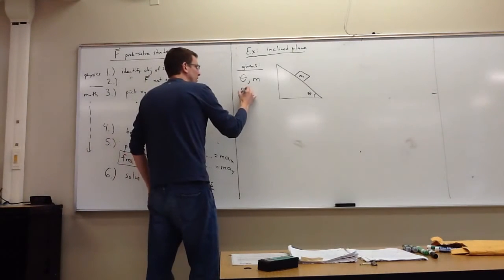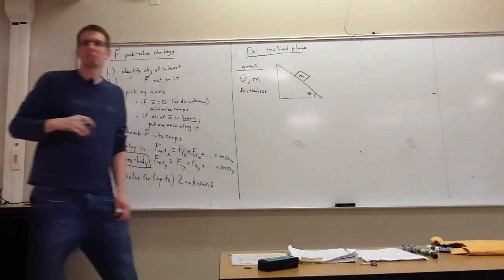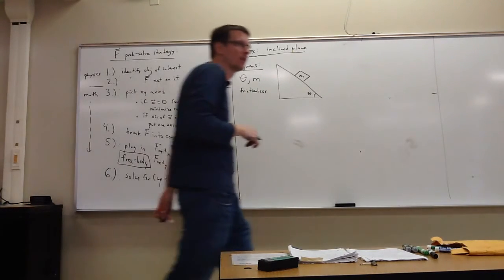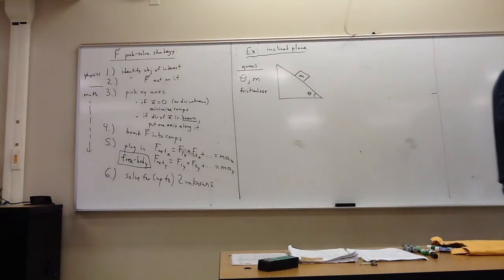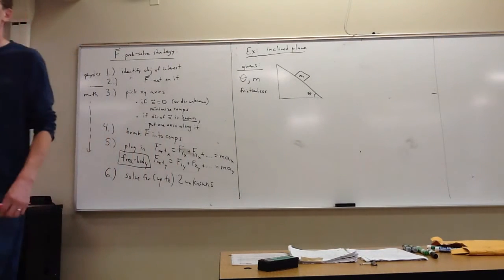I'm also going to have to tell you that this surface is frictionless, so you're going to have to imagine a hypothetically perfectly smooth surface, which of course doesn't really exist. Imagine maybe a Teflon frying pan or some ice or something that's very smooth, but then that much smoother with no friction.